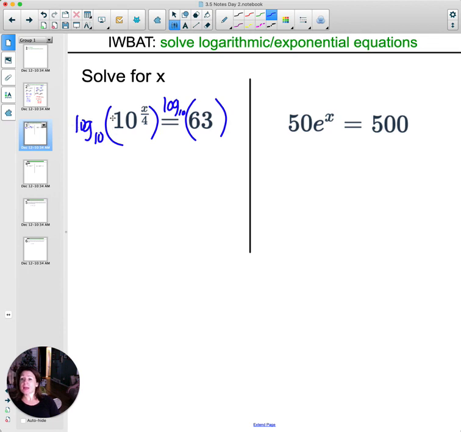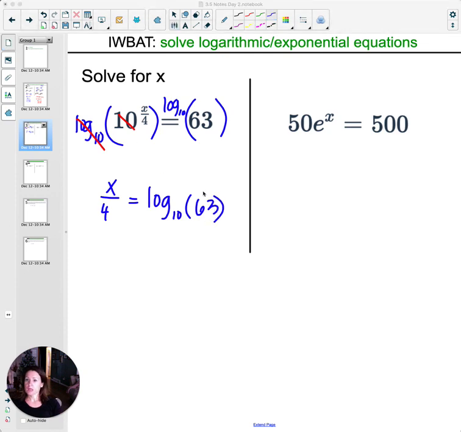Then log base 10 and base 10 exponential would cancel, and we would be left with just the exponent of x over 4. On this side, we have log base 10 of 63. I would just leave this for right now, log base 10 of 63. I'll show you how to evaluate it in a second.